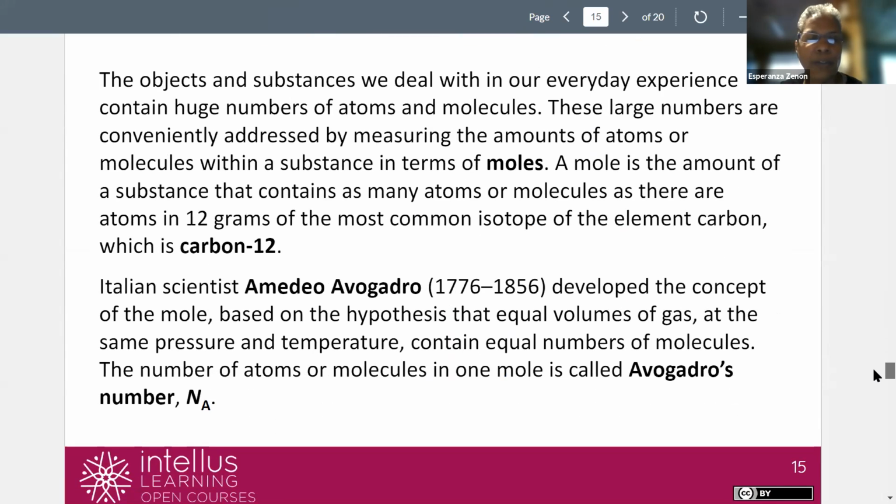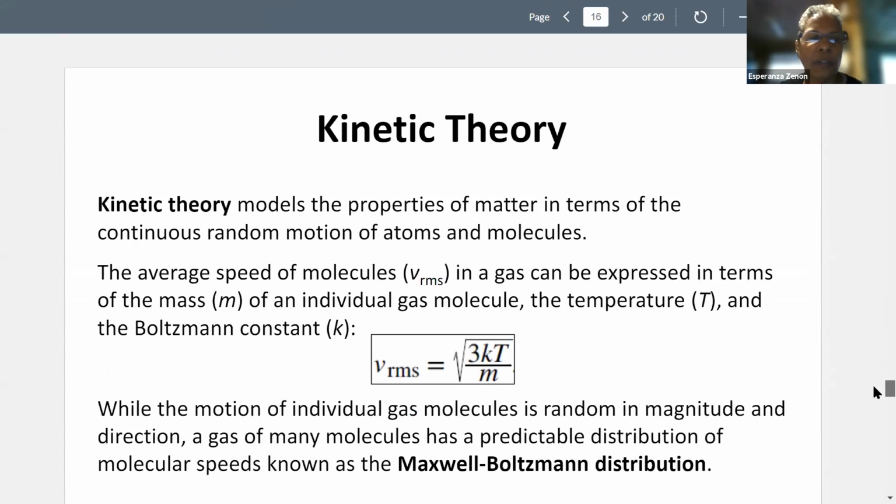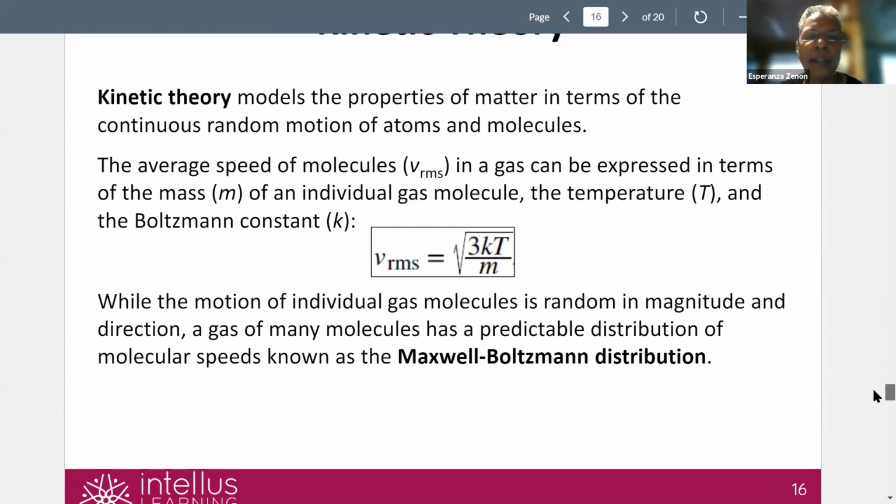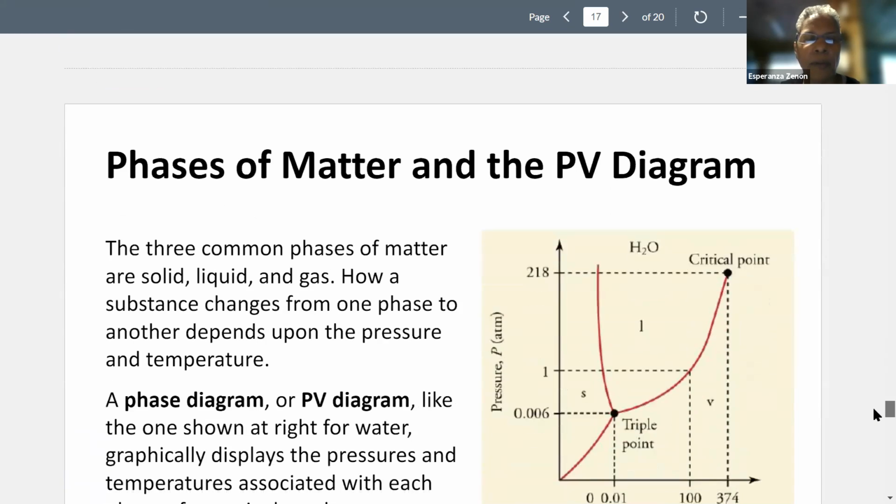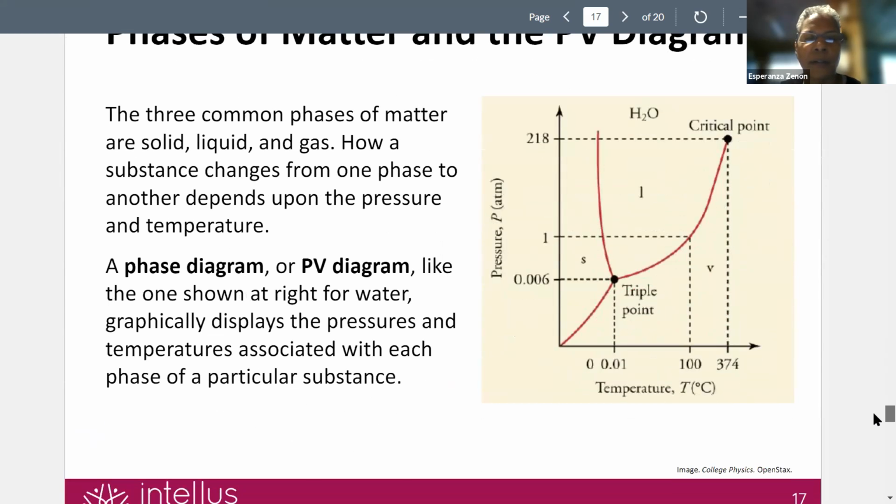We don't deal with Avogadro's number. That's chemistry. We don't focus on kinetic theory here. I try to keep the math at a simple enough level, and we're not going to go there to deal with kinetic theory.